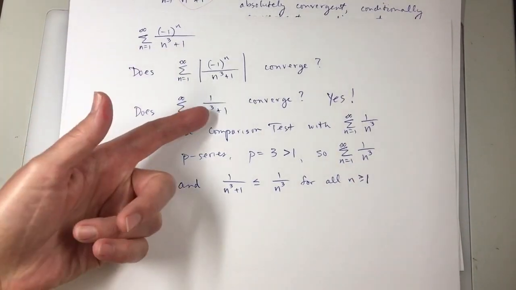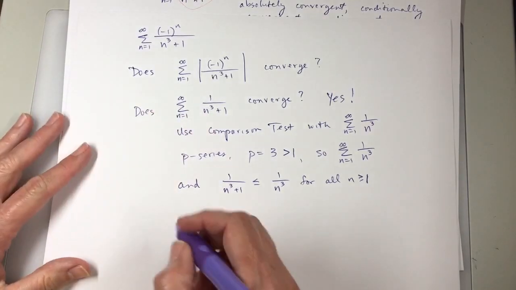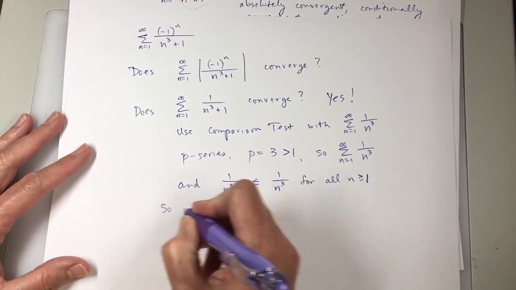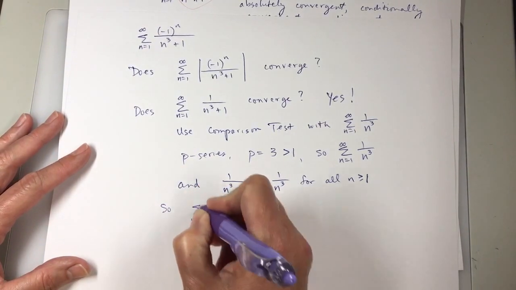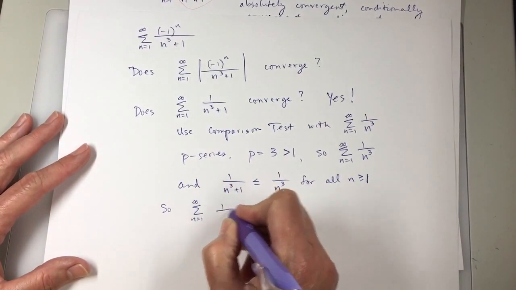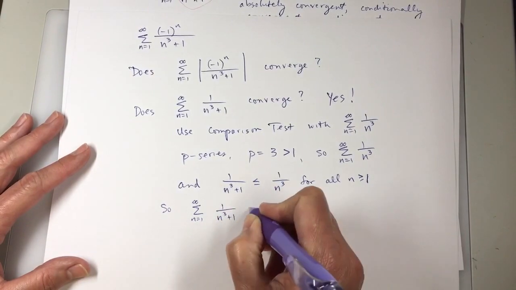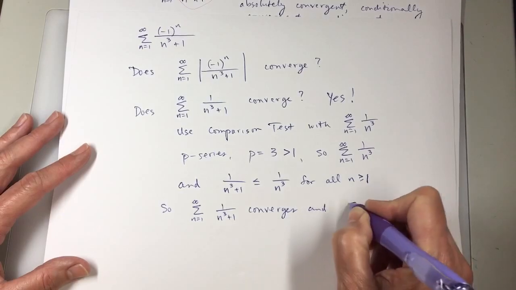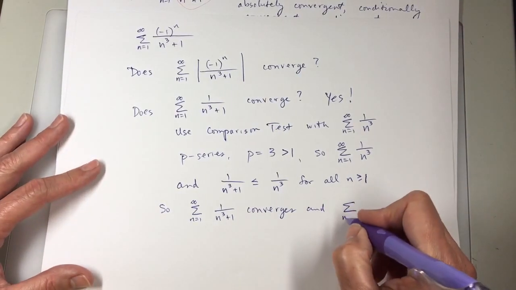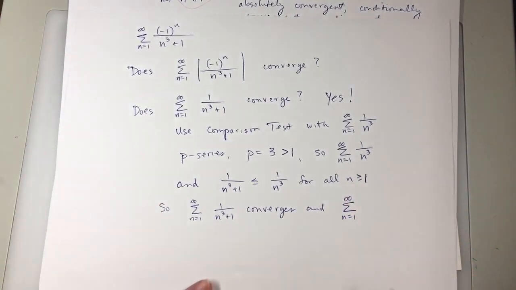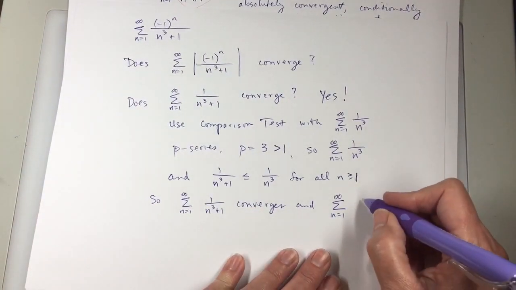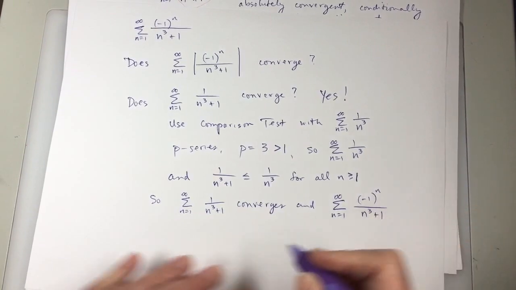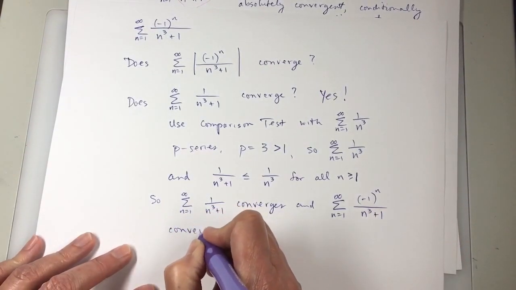So the sum as n goes from 1 to infinity of 1 over n cubed plus 1 converges. And that means our series we were looking at, the sum as n goes from 1 to infinity of (-1)^n over n cubed plus 1, converges absolutely.